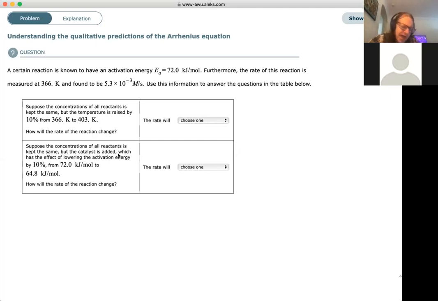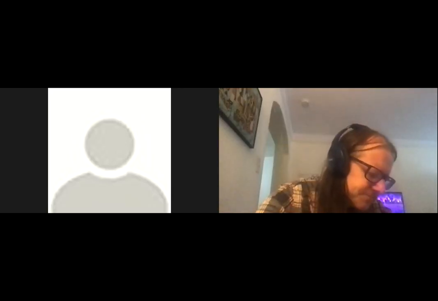Okay, now that is an interesting point, and I'll show you this. What a catalyst does, it stabilizes what's called the transition state.